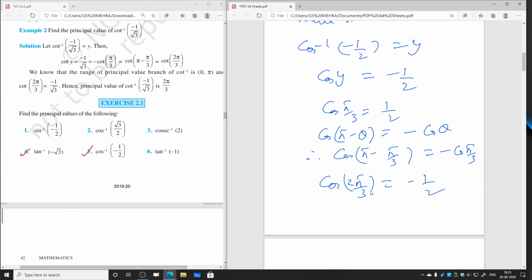Therefore, if we take y as 2 pi by 3, then that will be our principal value.